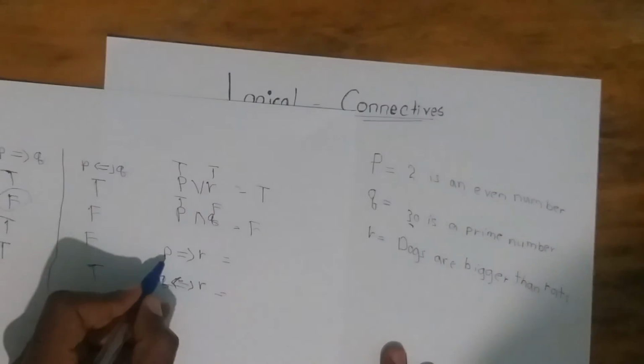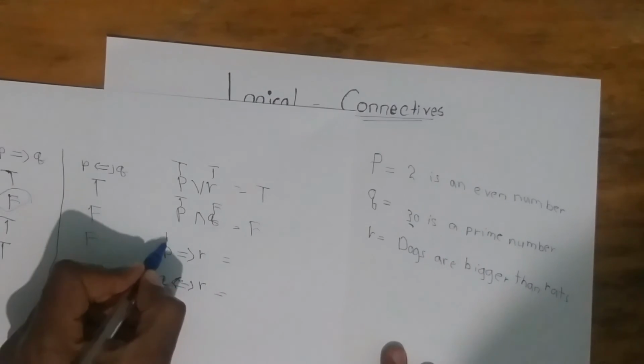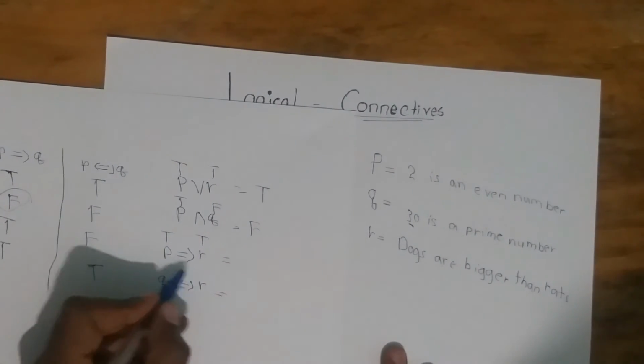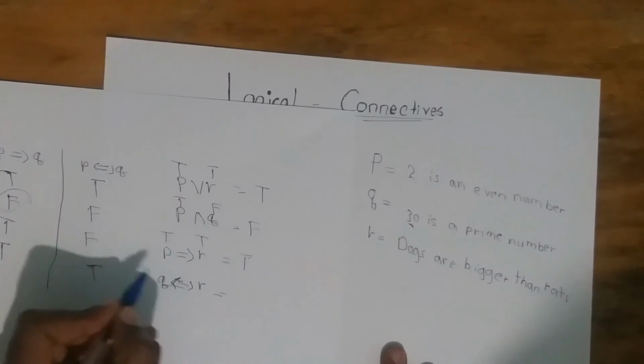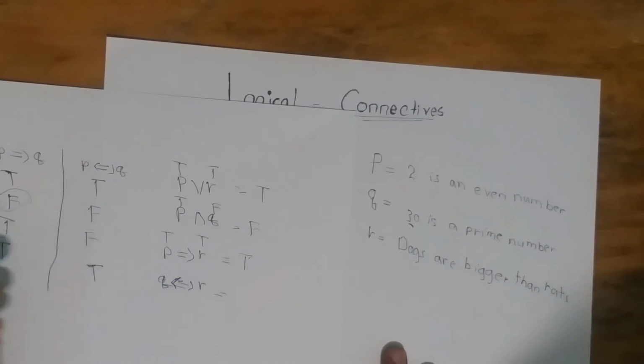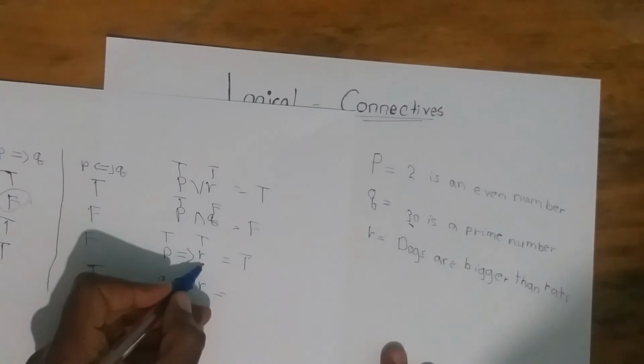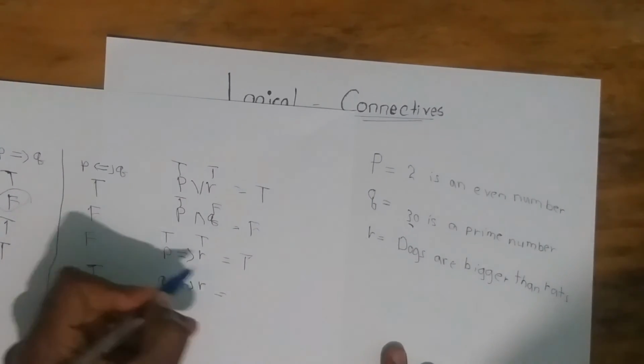The next one is P implies R, where P is true and R is true. If both of the values are true, it is true. In the implies, as we have earlier mentioned, it's only false when P is true and R is false.